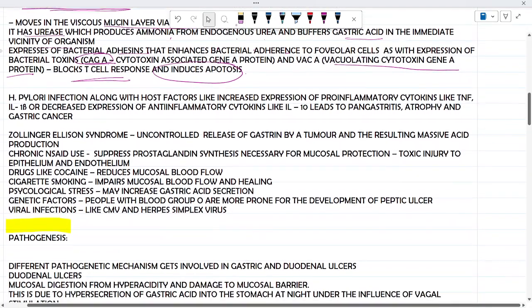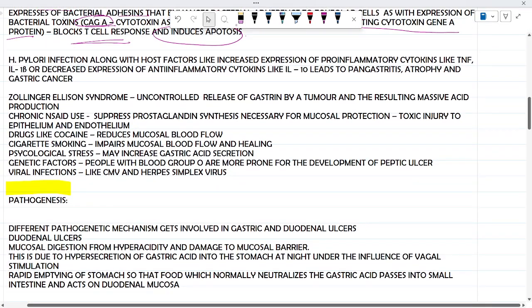Along with other host factors, it causes increased expression of pro-inflammatory cytokines like tumor necrosis factor and interleukins, or decrease in anti-inflammatory cytokines like interleukin 10, and that leads to pangastritis, atrophy, and gastric cancer.